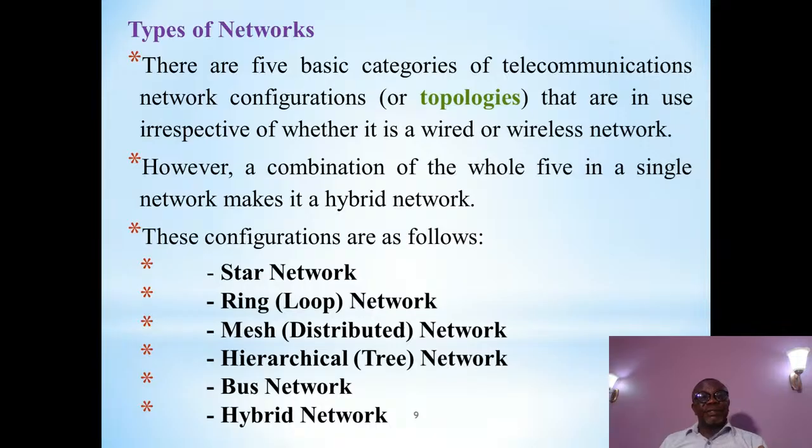Now, these telecommunication networks come in different forms, and there are five basic categories of them. These network configurations are also known as the network topologies, and irrespective of whether you are using wired or wireless, you must employ one, two, or a combination of different topologies to be able to deliver your telecommunication services.